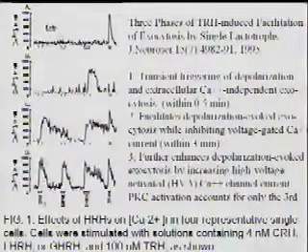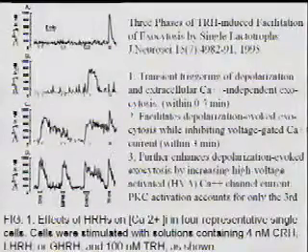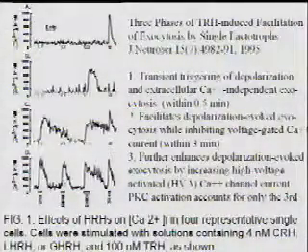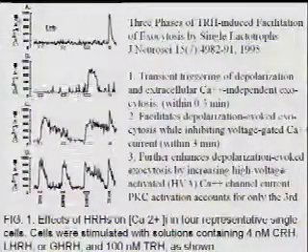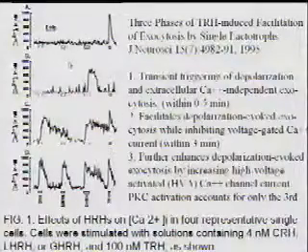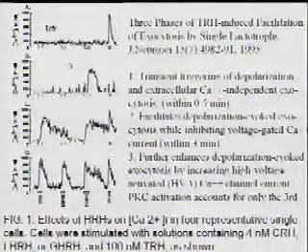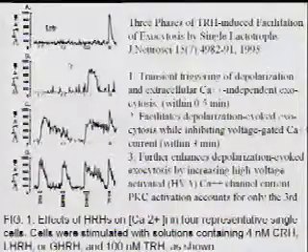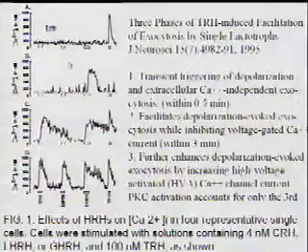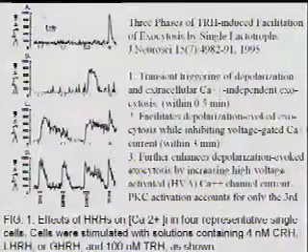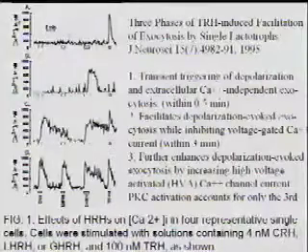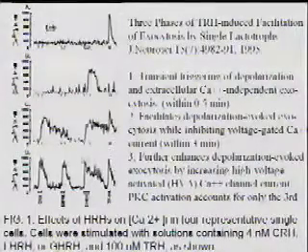So let's first take a look at our illustration here. We have 1, 2, 3, 4 graphs that are showing calcium concentration intracellularly in nanomoles. So this is performed through a method of getting a calcium fluor molecule into the cytoplasm of the cells. And when intracellular free calcium increases, it generates light, and then you can generate a standard curve to convert that light emission to nanomolar concentration of the intracellular calcium.